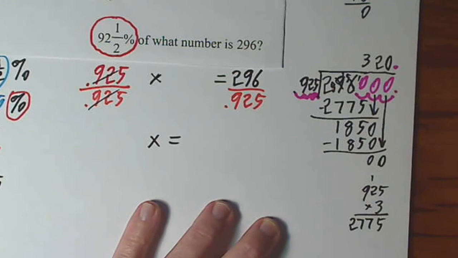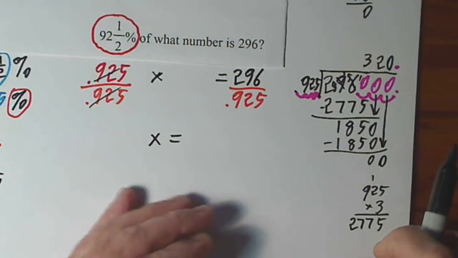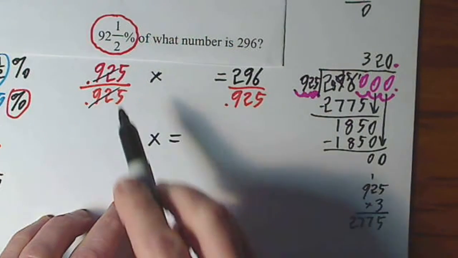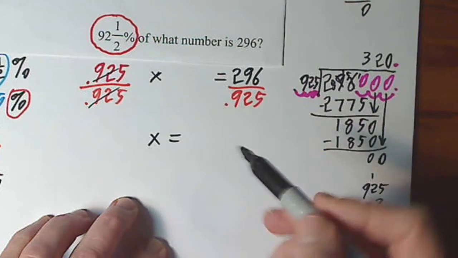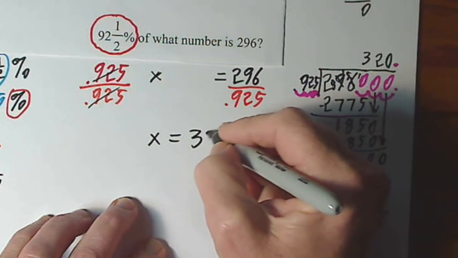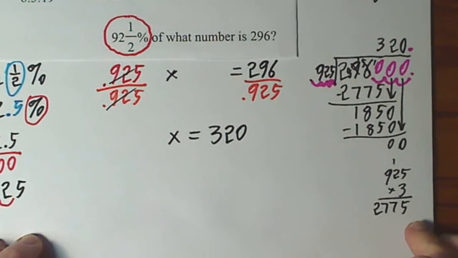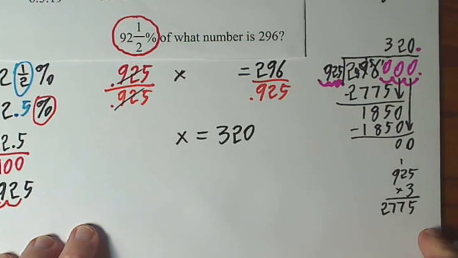It goes in 0 times. We've used up all our digits. So you solved this question and found out that 92.5% of 320 is 296. Okay.